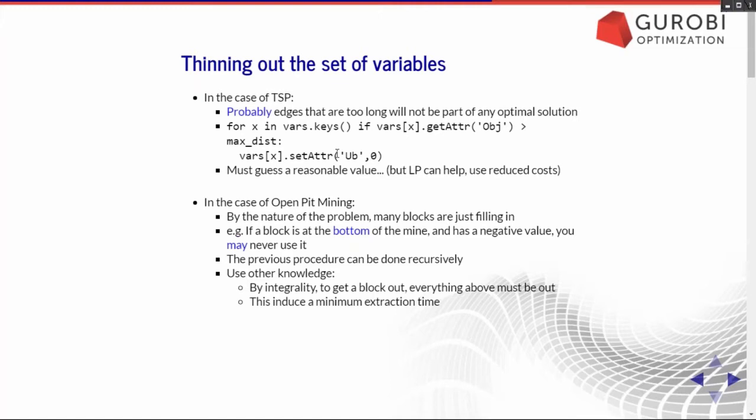And actually, you can do a bit more, because you can count how much material there is above a given block. By all these precedences, you can estimate a minimum time that needs to elapse for this variable to have a chance to be extracted. So that is also limiting which periods a variable is available.